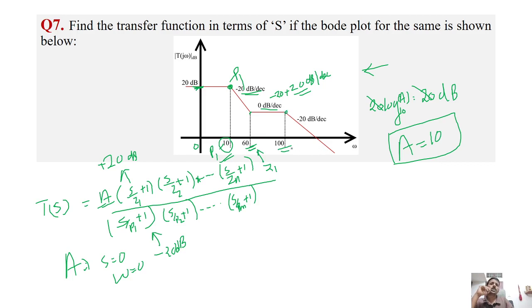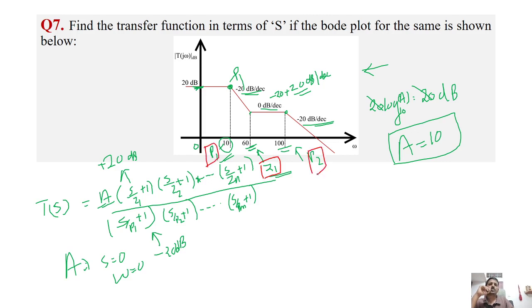Now at frequency 100 again it started going down, right? So at this point again there is a pole P2, and the roll off is minus 20 dB per decade. That will again be a first order component. So how many poles and zeros are there? There is 1 zero, Z1, and 2 poles, P1 and P2.